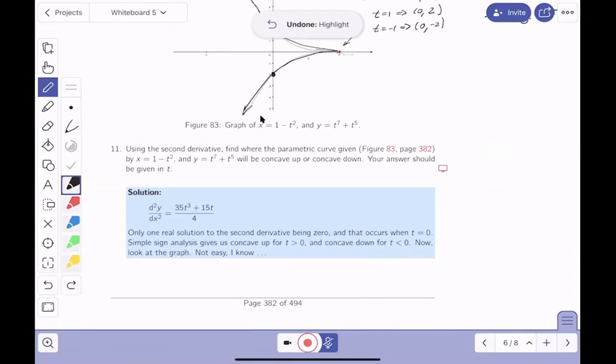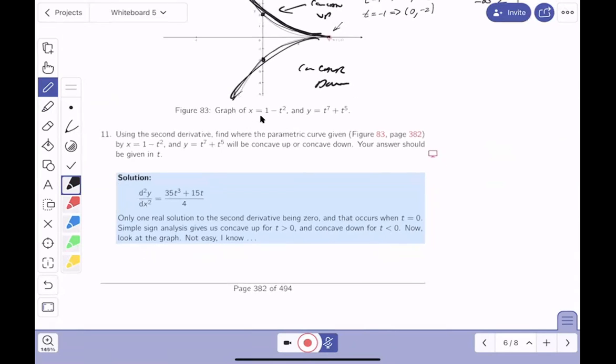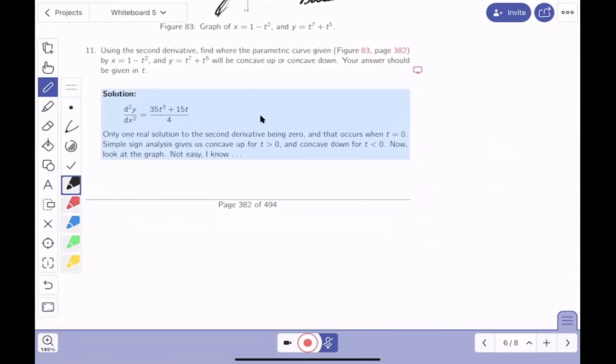I'm going to say it looks concave up here. This region here is concave up. And this region over here is concave down.